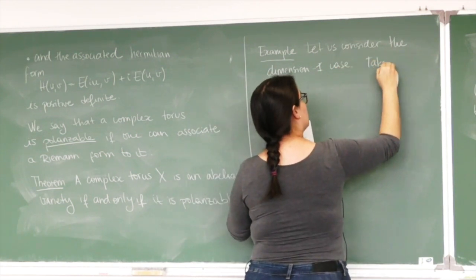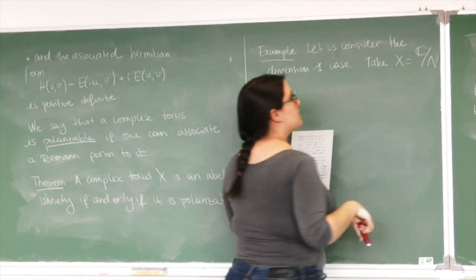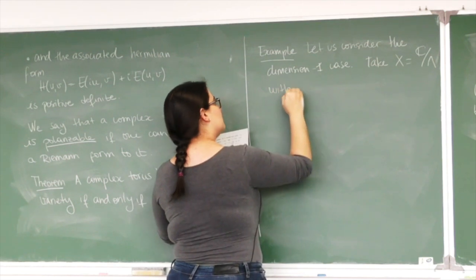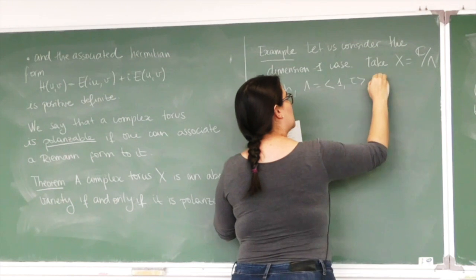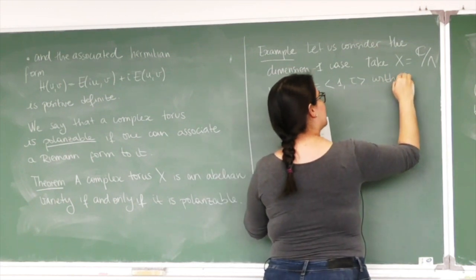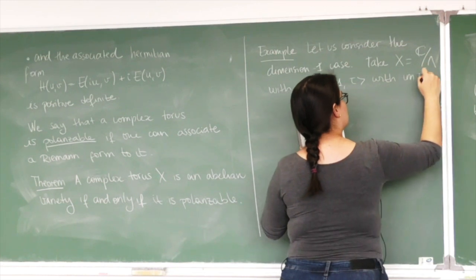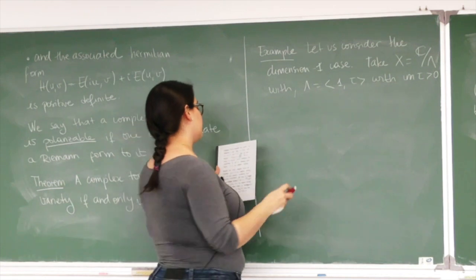Take X as the complex torus C modulo lambda, with lambda as we used to take it, so that is generated by 1 and tau, with tau having positive imaginary part.